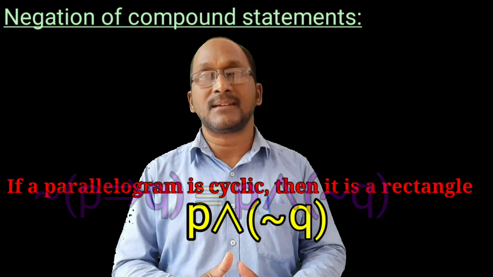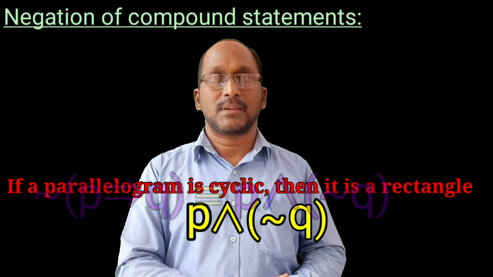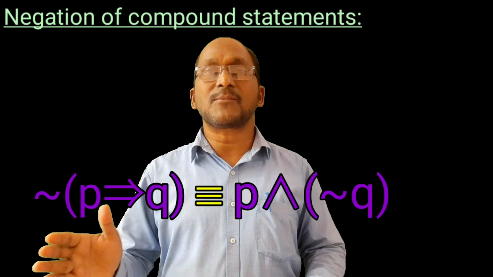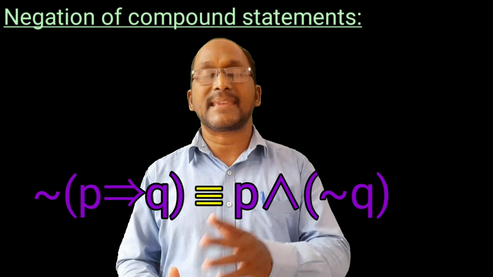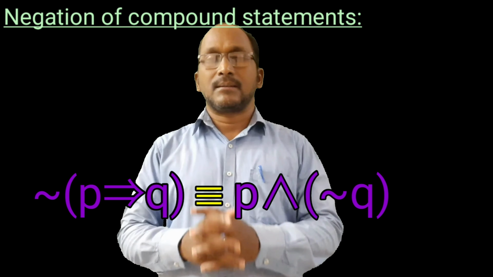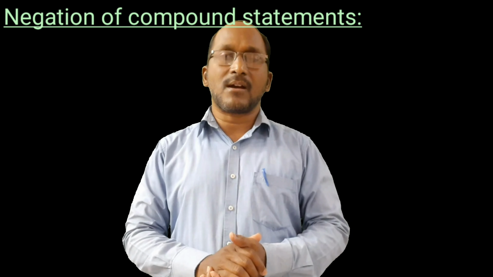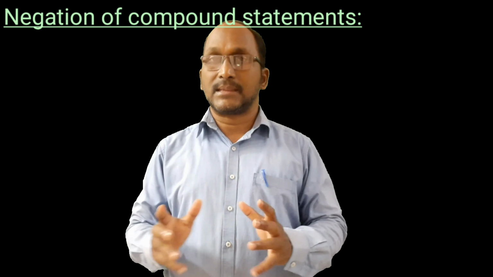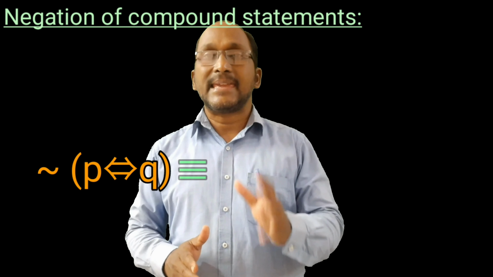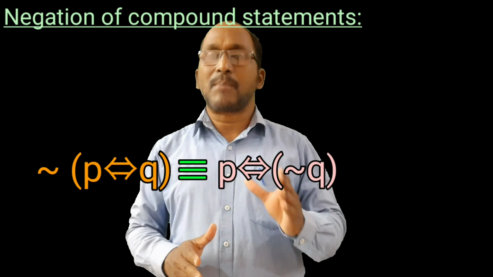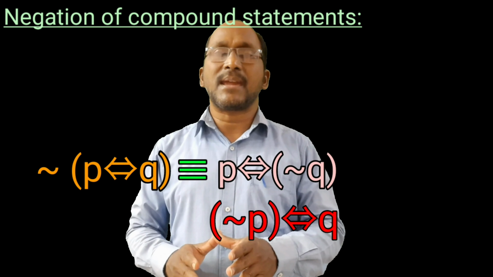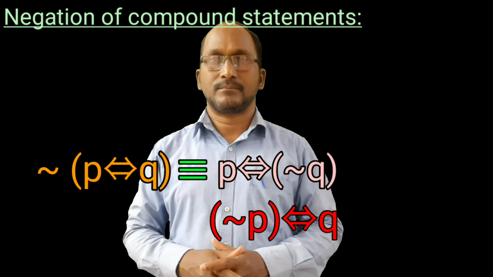That is P and negation Q. So from this we can state that negation of P implies Q is equivalent to P and negation Q. Next one, the negation of a biconditional, that is negation of P biimplies Q is equivalent to P biimplies negation Q or negation P biimplies Q.